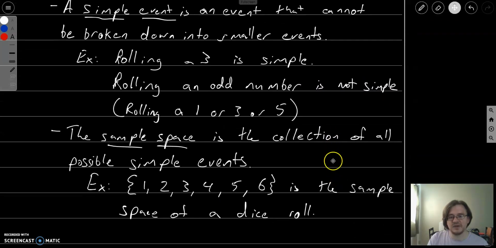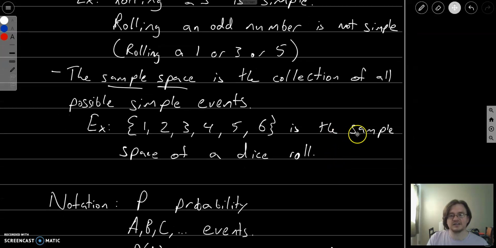And the sample space is the collection of all possible simple events. So when we roll a die, we can get the numbers 1, 2, 3, 4, 5, and 6. These are the simple events. You can't break, say, rolling a 6 down into smaller events.